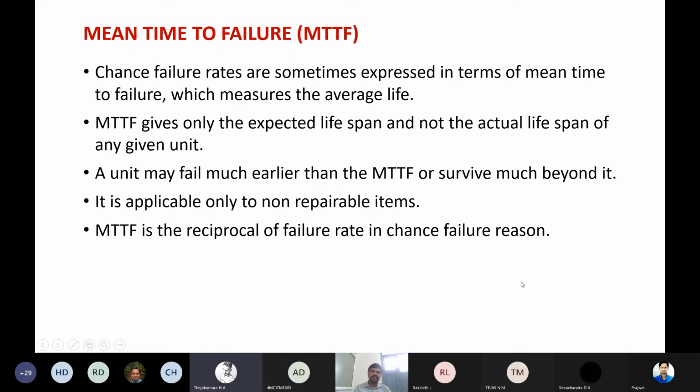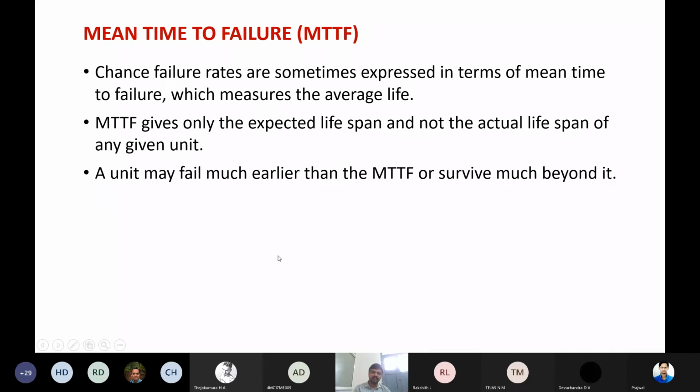Next, MTTF is the reciprocal of failure rate in the chance failure region. This is a very important point to solve a problem. We can relate mean time to failure and failure rate, that is C, in a reciprocal way. So MTTF is equal to 1 by C. MTTF means mean time to failure, C is the failure rate, and again, the failure rate in the chance failure region.